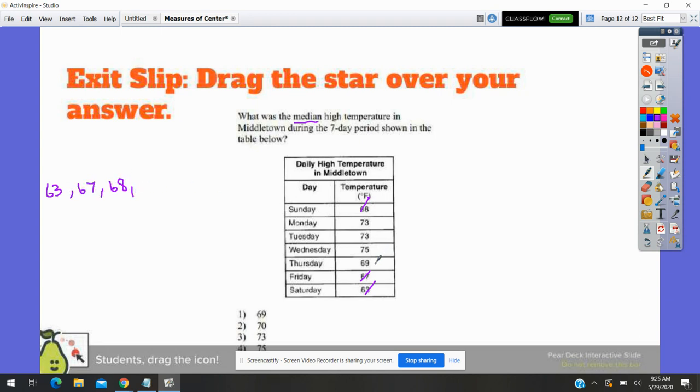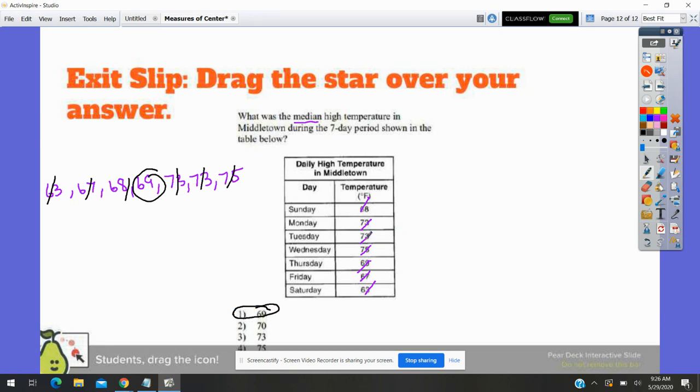And then we have 69. Then we have two 73s and a 75. Okay, and again, you would cross out until you get to the middle. And here you have one middle number, which is nice. And the answer is 69.